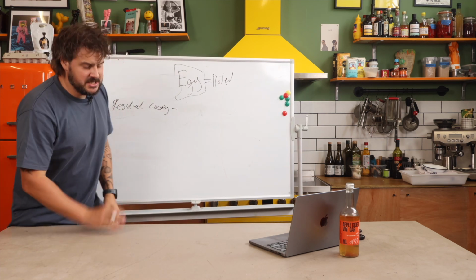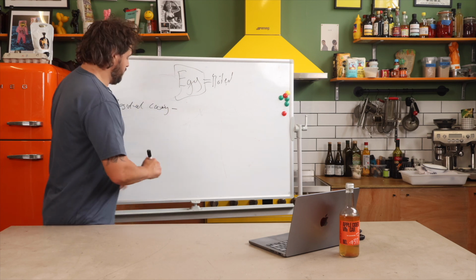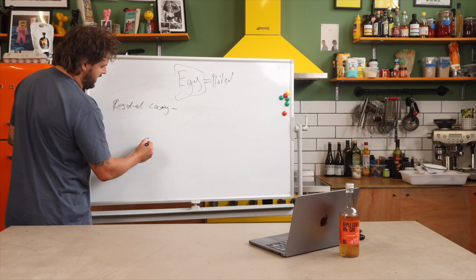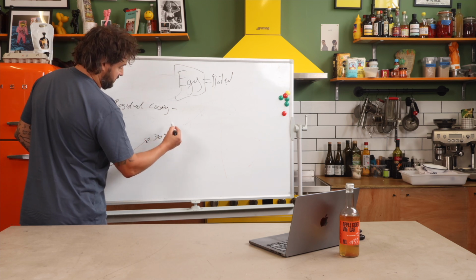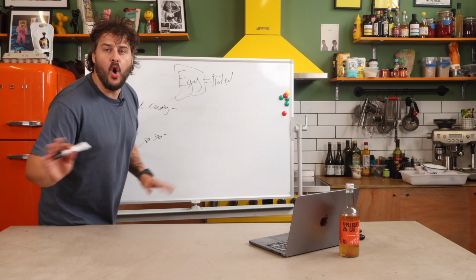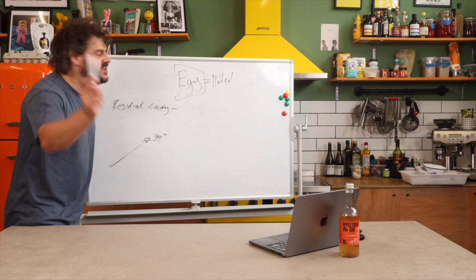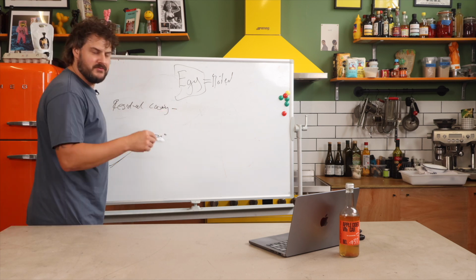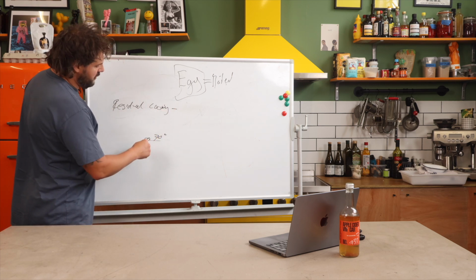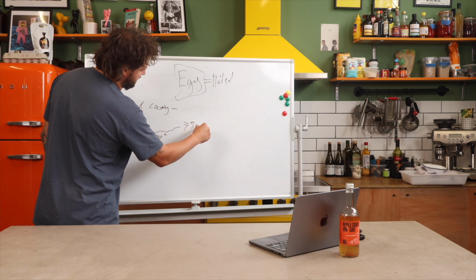Residual cooking, or residual temperature, is a thing in food where if you cook something to a point, say to here, which is 70 degrees, just a number in my head, food doesn't just get to that point and go, oh, I'm finished, I'm done now, and stop there. No. This is why when you rest food, it carries on cooking, not as fast, but it will carry on cooking maybe to like 75 degrees, for example.